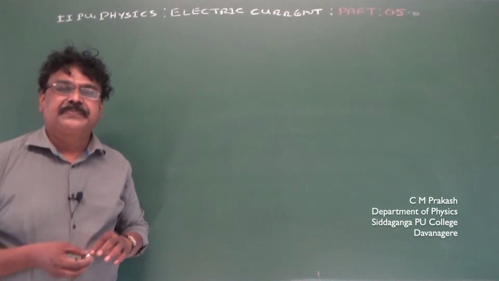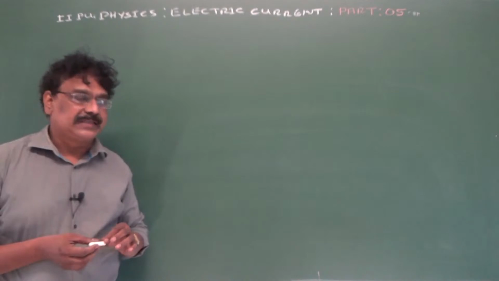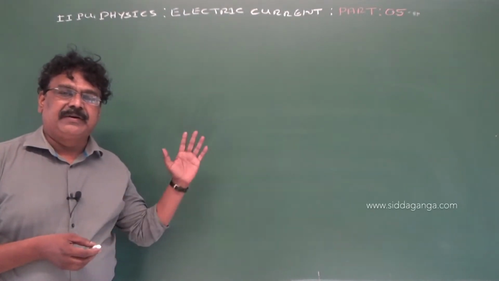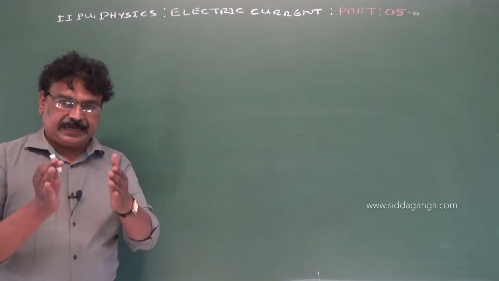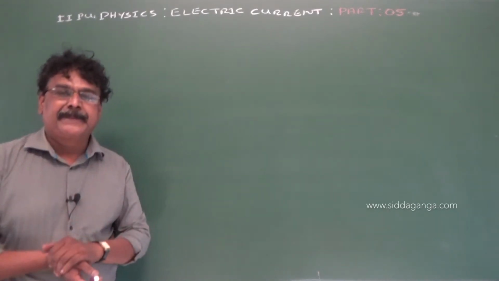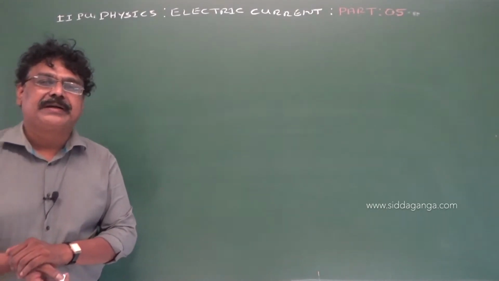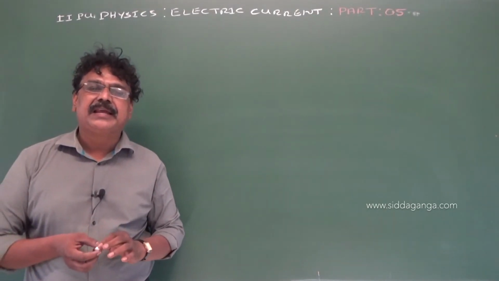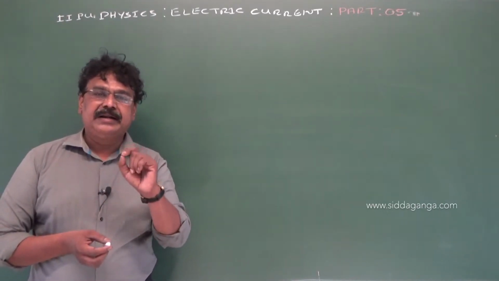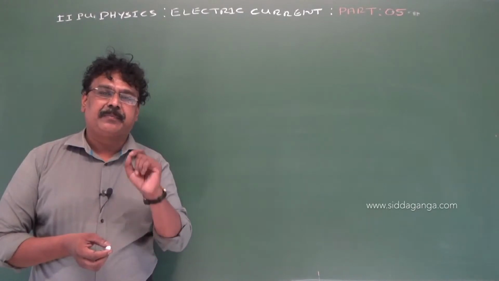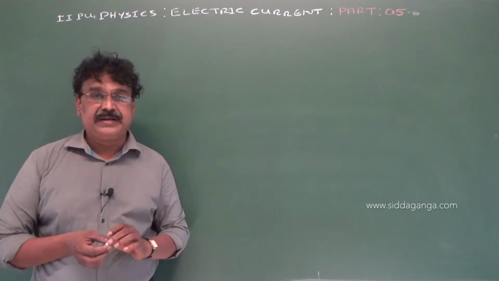Hello students, in the previous class we were discussing current density. Current density at any point in a current carrying conductor is the current distributed per unit area of cross section around that point.